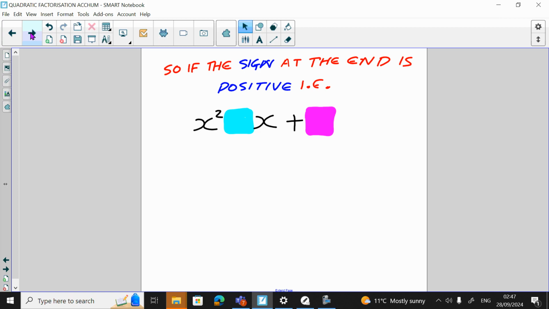So, like we're seeing here, the sign at the end is positive. This is the sign of the constant term, the number on its own, with no letters attached. That's positive.